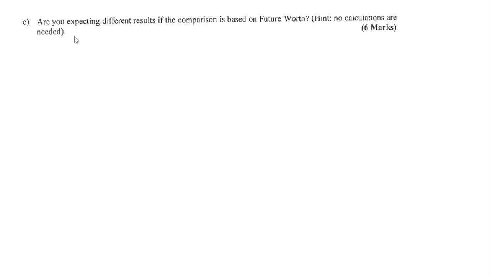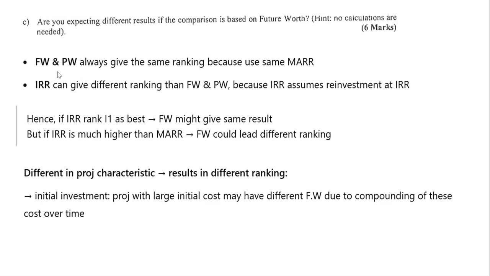In part C, it's asking: are you expecting a different result if the comparison is based on future worth? We don't need to calculate anything. How do you think? If we calculate it based on future worth, would the result be different? We can say that future worth and present worth always give the same ranking, because they use the same minimum attractive rate of return.